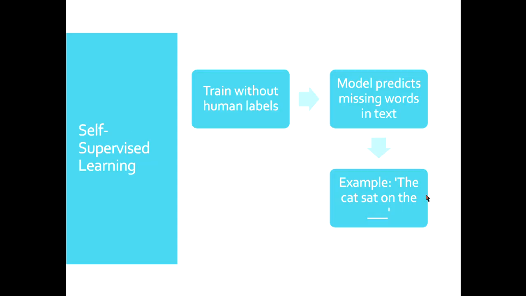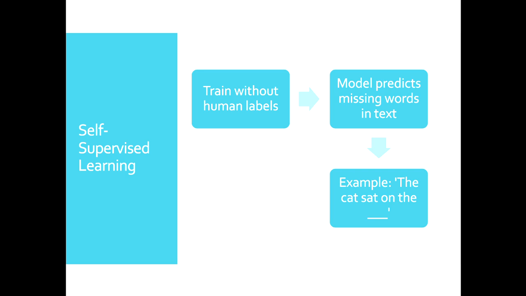So let's move to what self-supervised learning is doing. Train without human labels. The model predicts missing words in text.